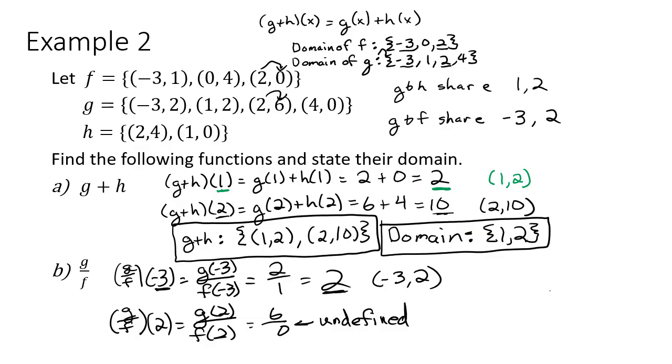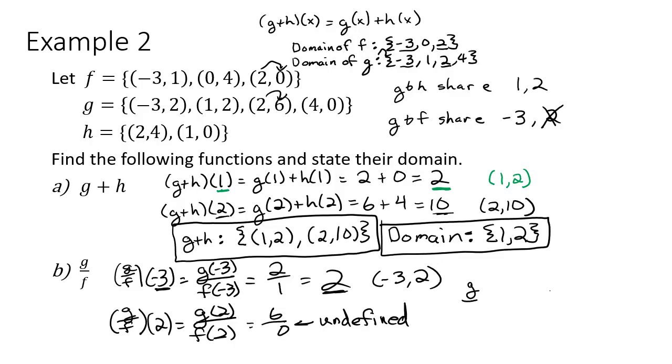Right, so if this were something like G plus F, G minus F, or G times F, the domain would be -3, 2, because that's what they share. That's the intersection. But in this case, we also have to remove 2 from the equation. That's an additional restriction because it divided by 0. And so we only ended up with one ordered pair this time.